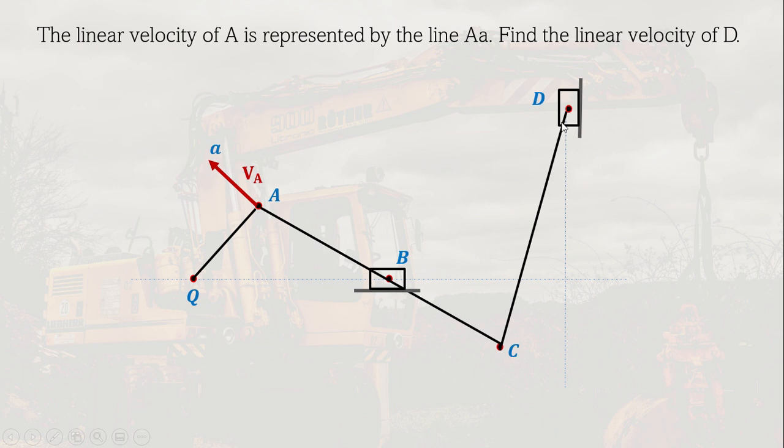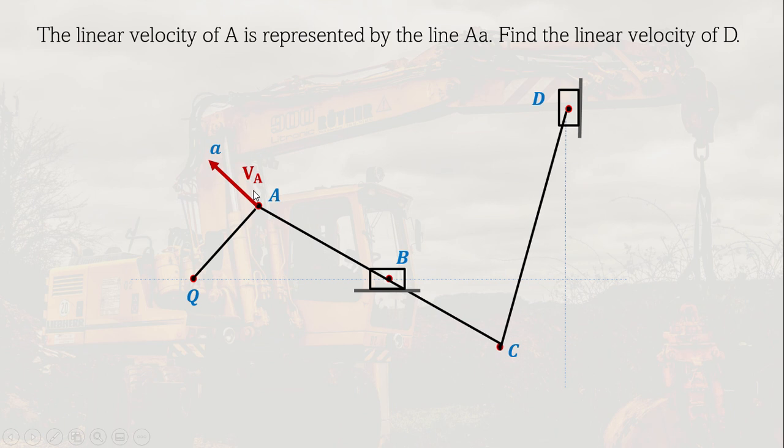So it's constrained to move in this direction, while point B is also a slider. It is constrained to move also in this direction. So this line here, AC, can be considered as a floating link.